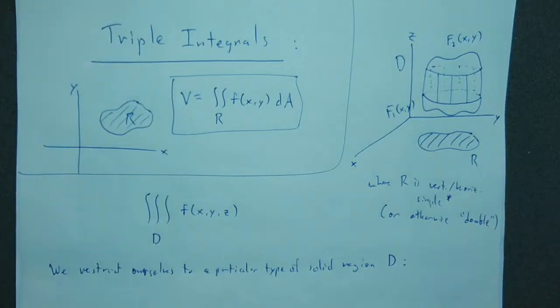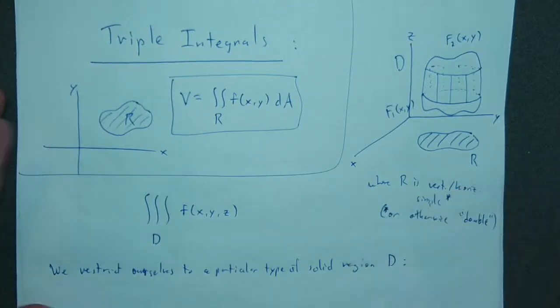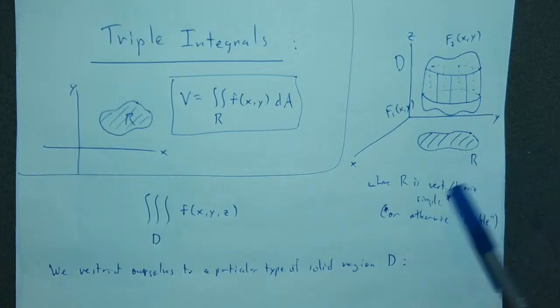Okay, so that's what my asterisk means. What I mean by that is this R is not necessarily vertically or horizontally simple, but it is the type of region R that we've dealt with in the first couple sections.